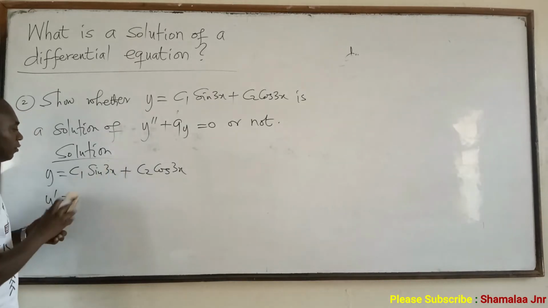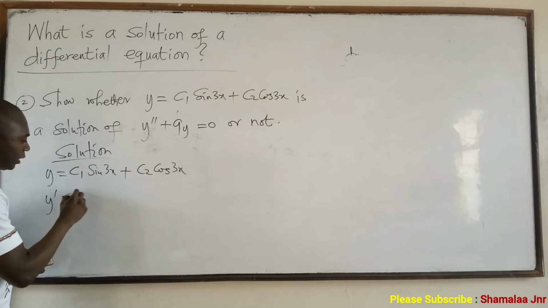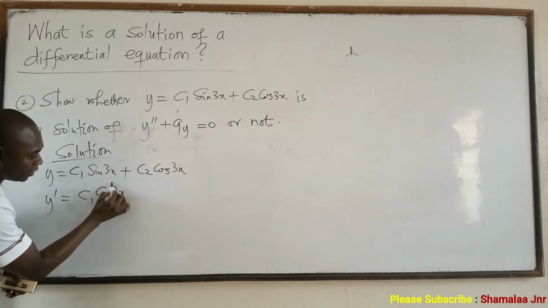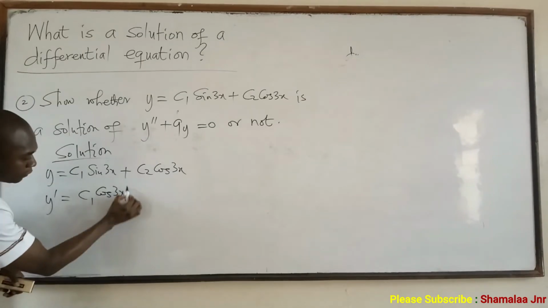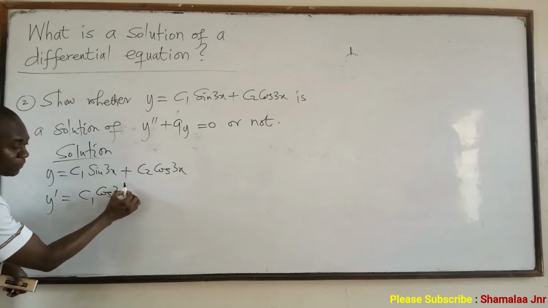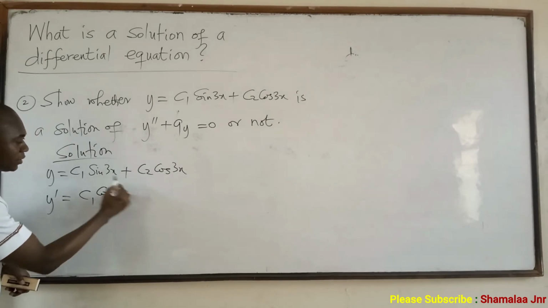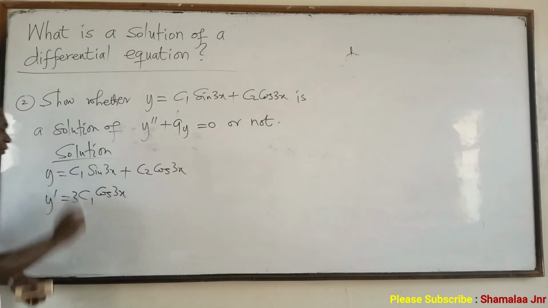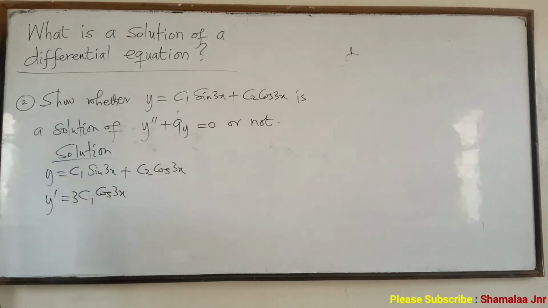So this one is going to be C1 cos 3x times the derivative of this 3x with respect to x. And when you differentiate 3x with respect to x, you are going to get 3. So you are going to have 3C1 cos 3x.